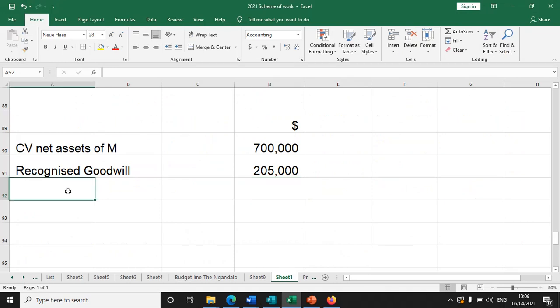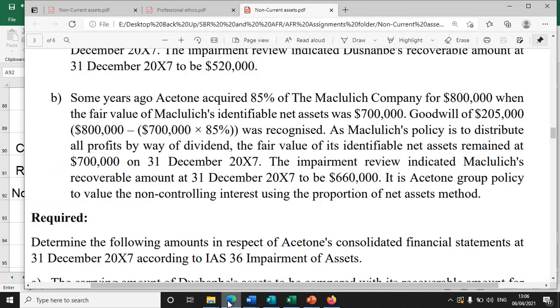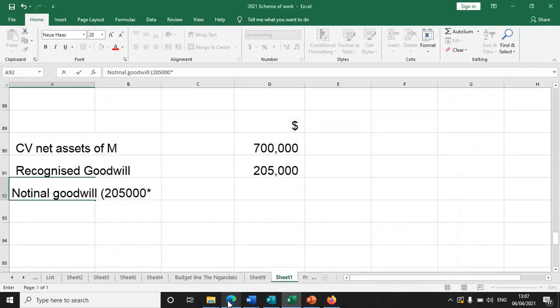Then we roll forward notional goodwill. Under the roll forward, we say 205 multiplied by 15 divided by 85, since our interest is 85%.